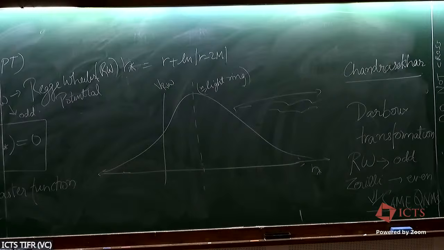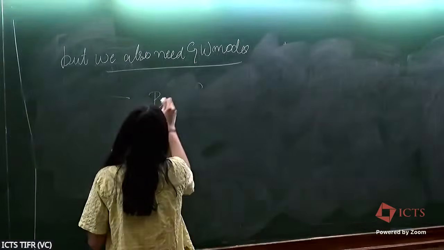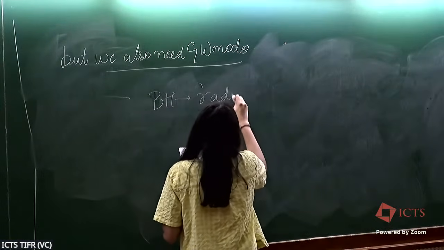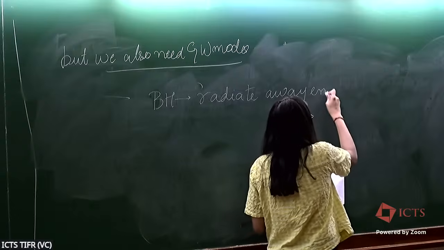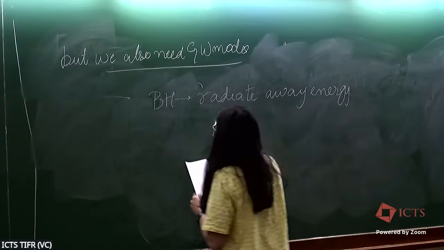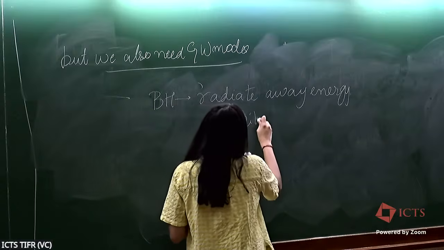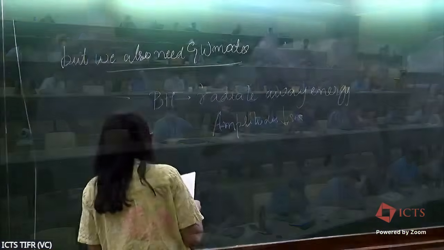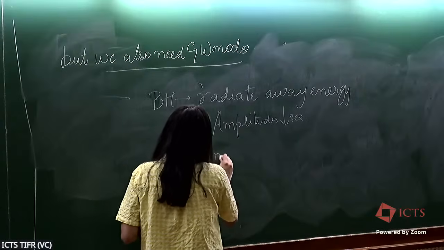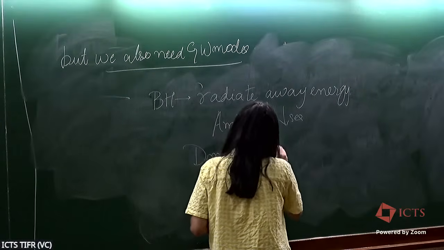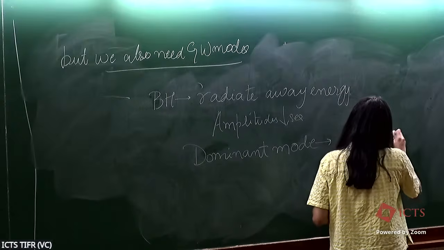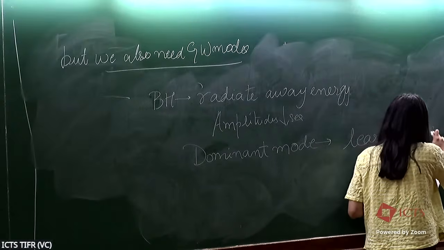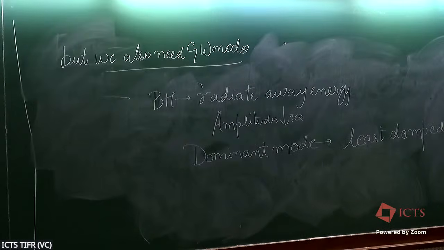We just said that since the black hole is radiating away energy, the amplitude goes down, decreases, and the dominant mode in the ring down is the one which is least damped, even if other quasi-normal mode frequencies are present in the system or get excited.